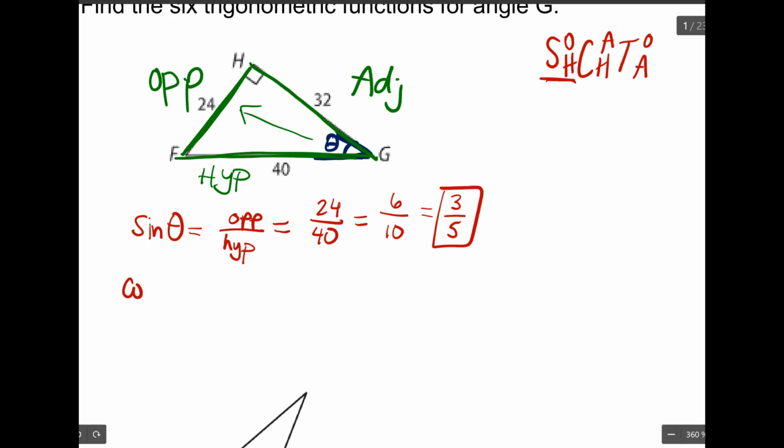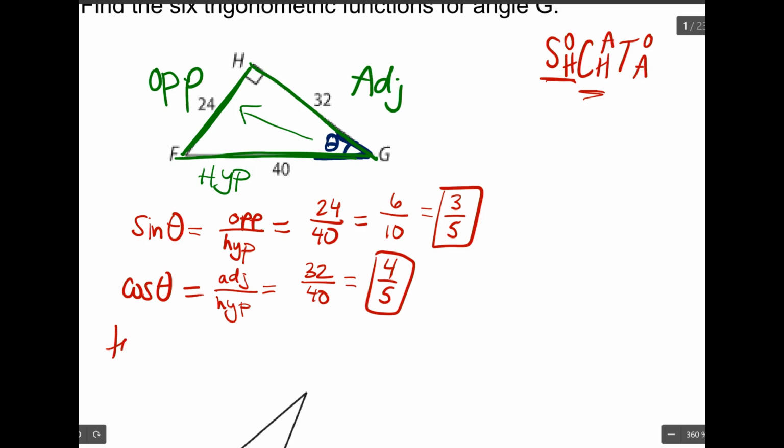Let's do cosine. Cosine is this middle one, A over H, so adjacent over hypotenuse. So the adjacent side to my angle is 32, and my hypotenuse is 40. What is a common factor between 32 and 40? What number goes into both? 8. Okay, so this is 4 over 5.